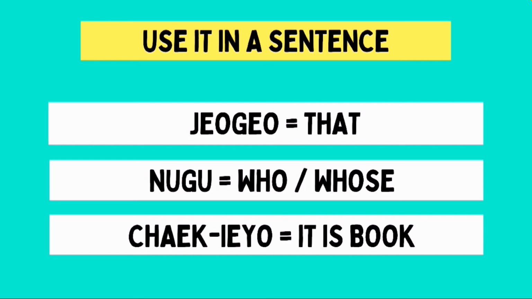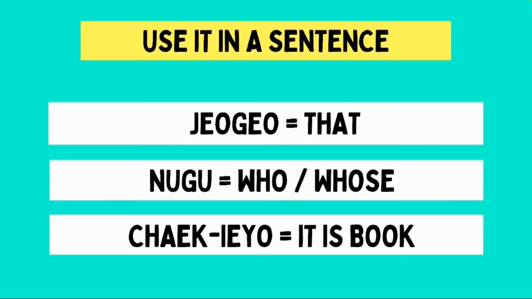But for this specific sentence, aside from 저거 and 책이에요, we also have the word 누구. The word 누구 is already discussed on this channel, and this is used to ask who, or this is used to ask about a person. But for the case of this sentence is more of asking about the owner of the book. So for this case, we're asking for a person who owns the book.